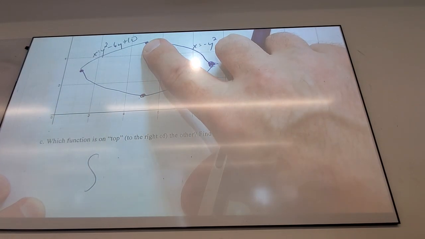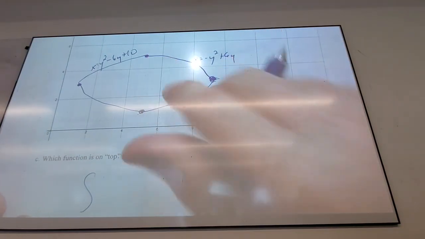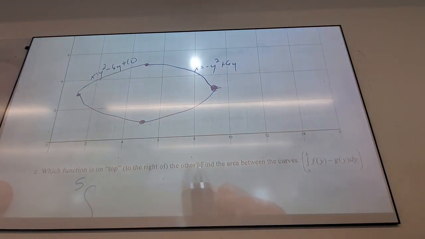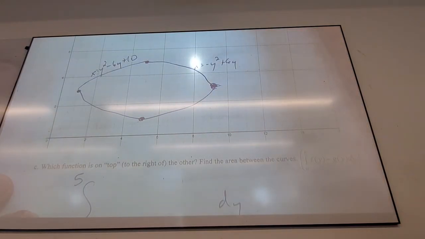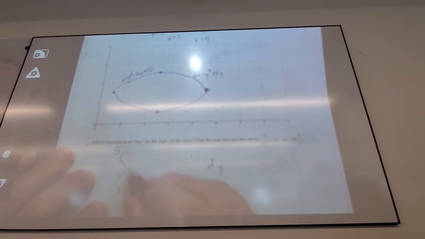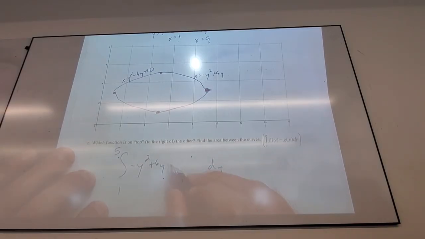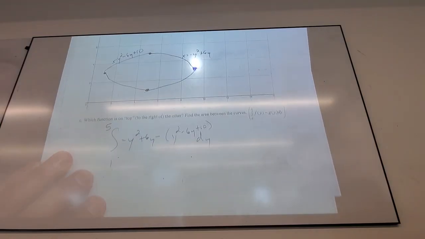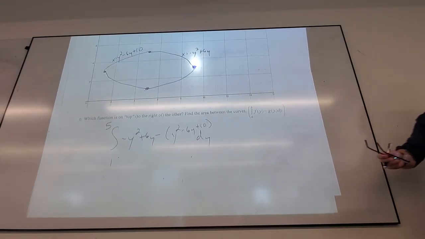And the highest y is 5. What's the function on top? Negative y squared. Yes, negative y squared plus 6y. So from that one, I'm going to subtract the other one. And then the rest of this is pretty straightforward.